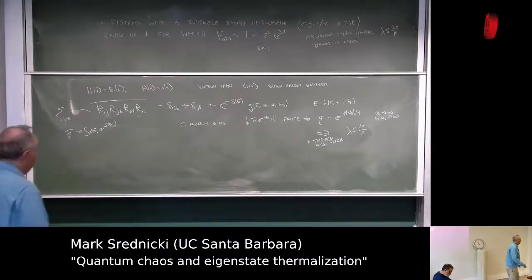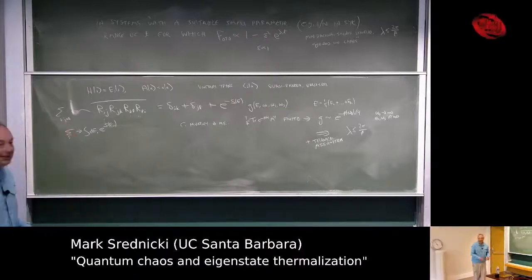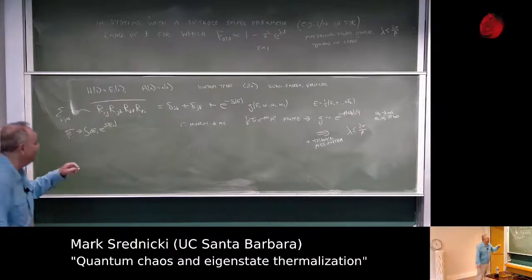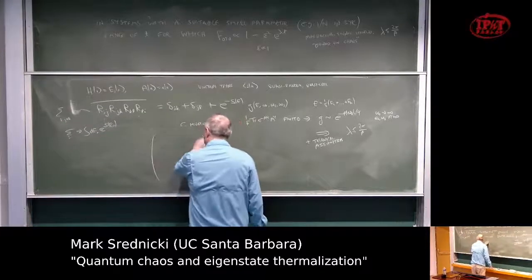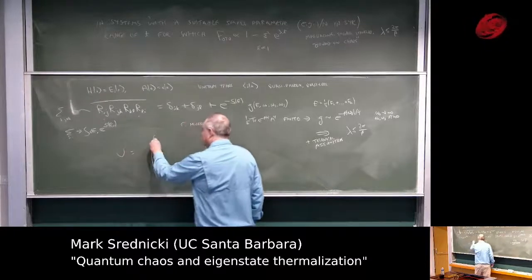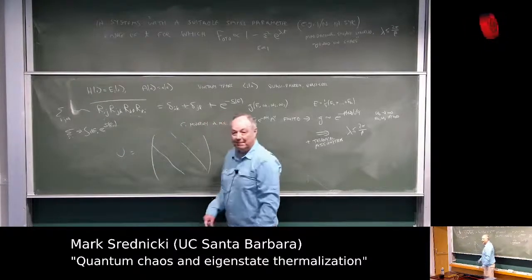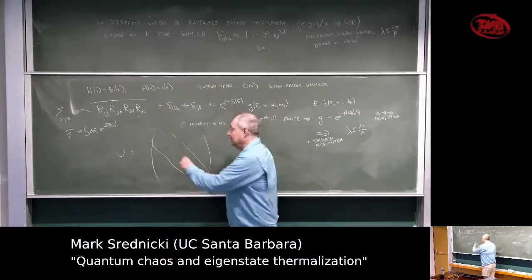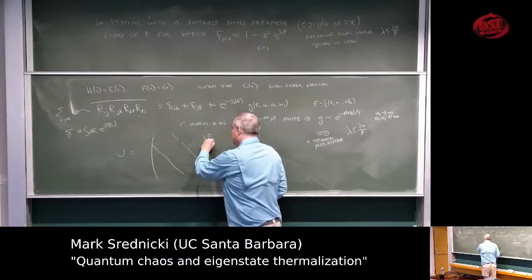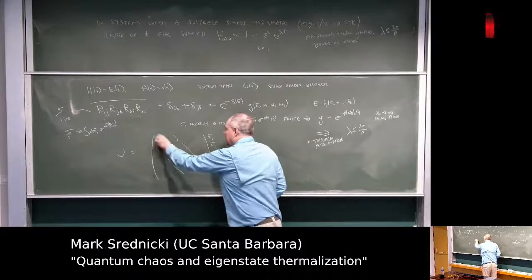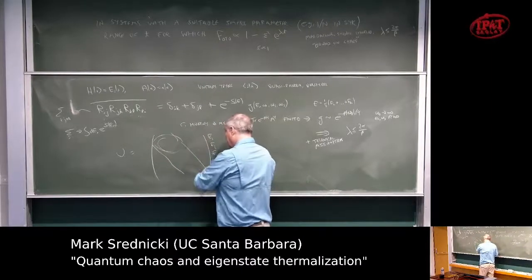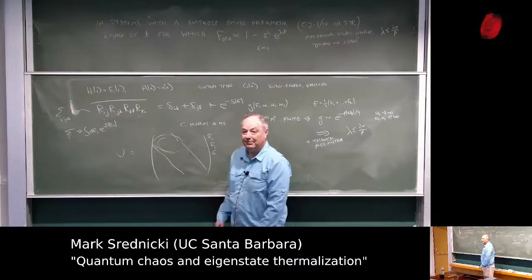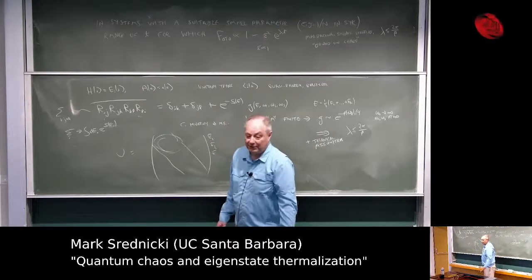All right, so Laura can tell us if she agrees with this or not, since it's her idea. But the way I think of it is that if we actually wrote down this unitary matrix, it would be approximately banded. That is, here's a bunch of energy levels. It would be mixing up nearby energy levels, but it would not strongly mix energy levels that are far apart. I don't think we know if this is really true or not.